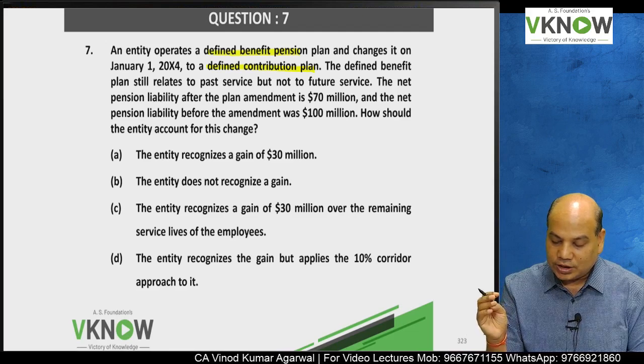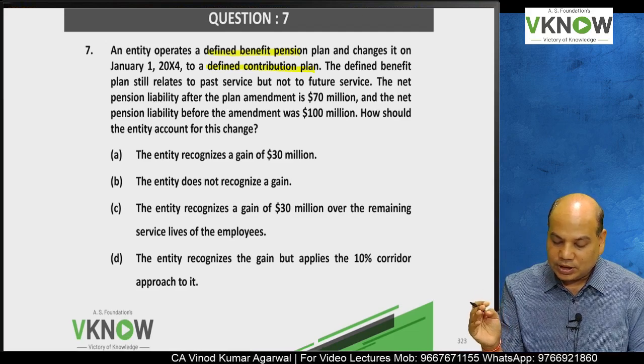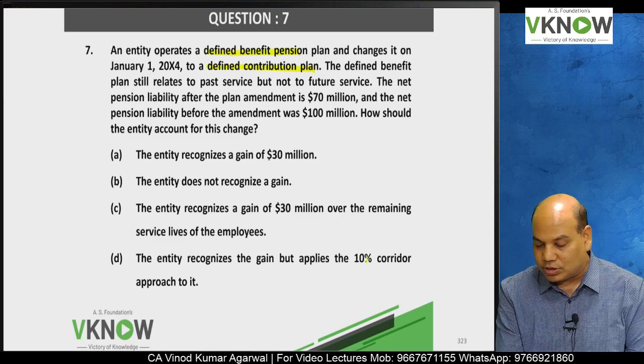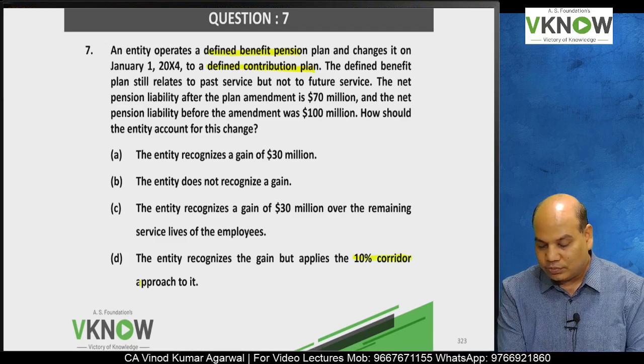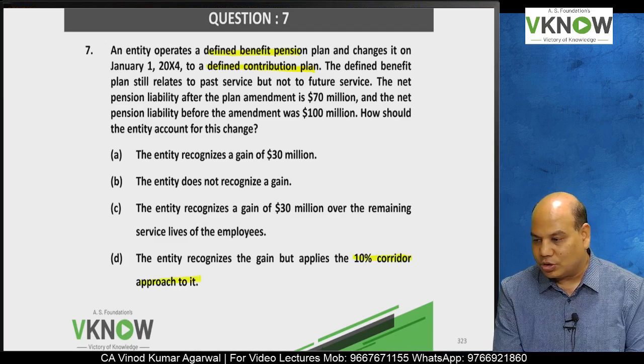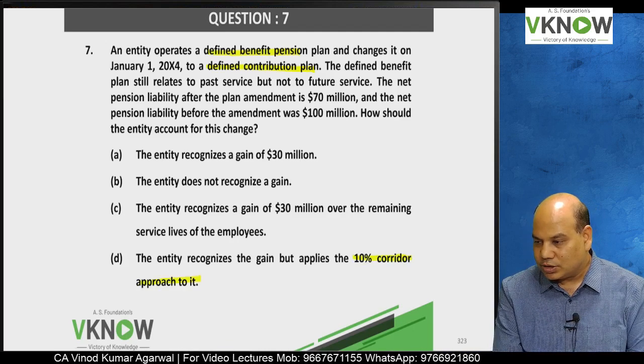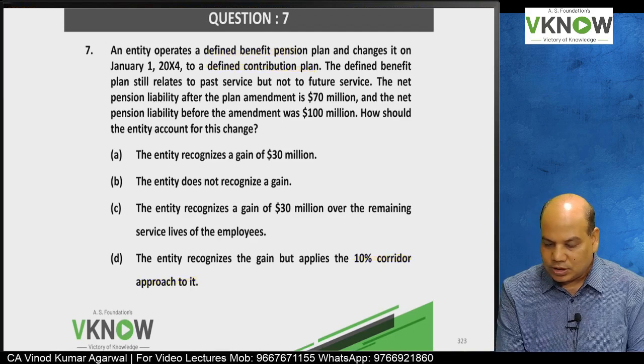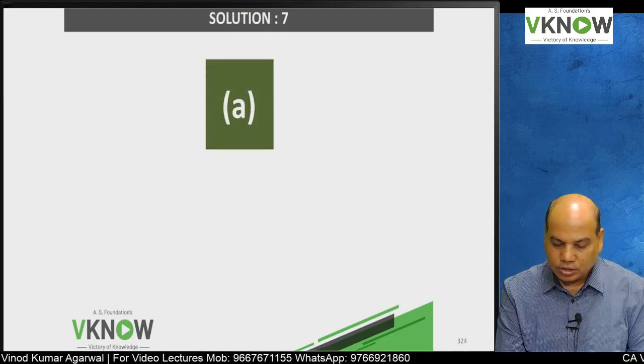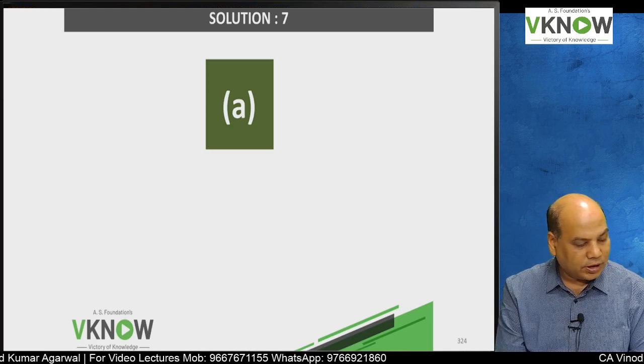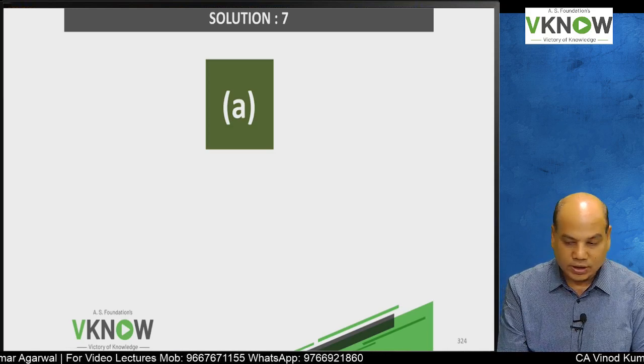Entity recognizes the gain but applies the 10% corridor approach. This is old accounting. The 10% corridor approach is not relevant anymore. We have not discussed that also. It is not applicable. It was the old system. So the answer is A. Gain of 30 million will be recognized.